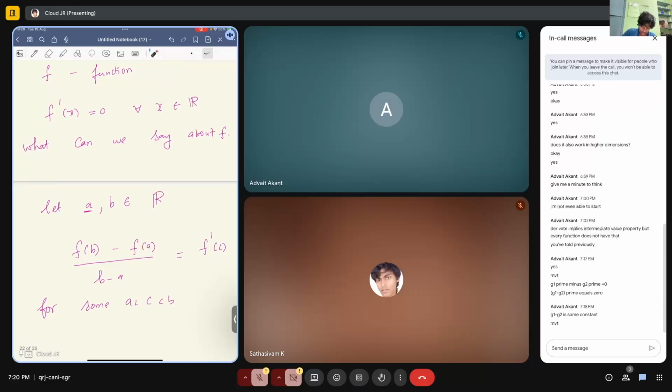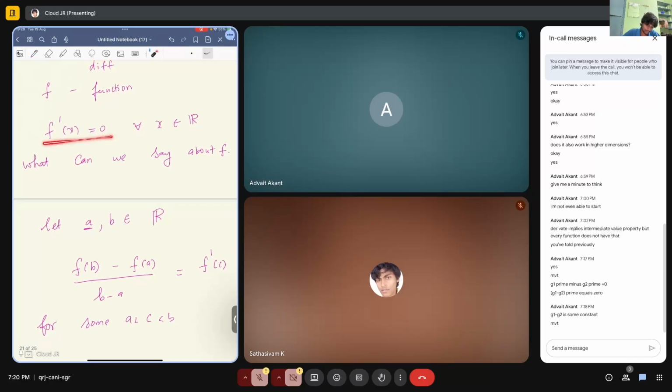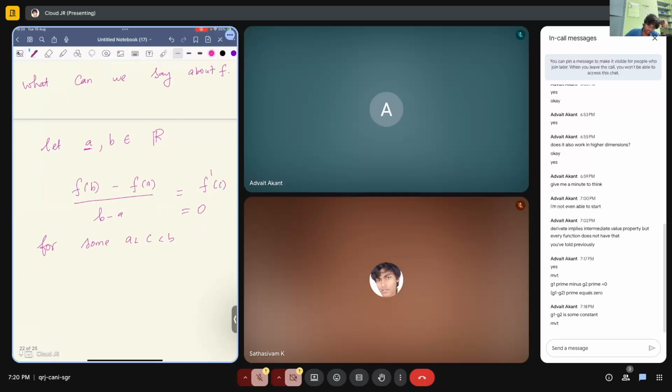It depends on whether a is greater than b or a is less than b, and the inequality changes, but it doesn't matter. Whatever the inequality is, what we know is this is 0, because that is what we have here. So you can take this to the other side, and that goes away. So what you have here is f of b is equal to f of a.